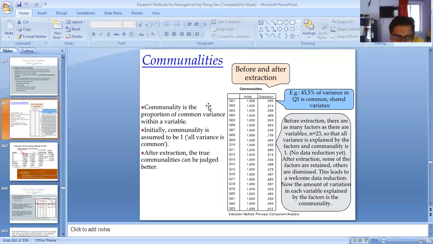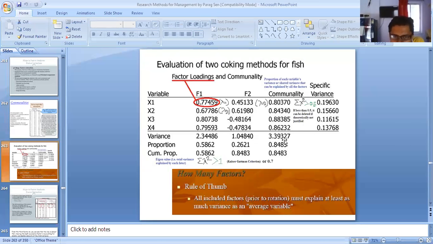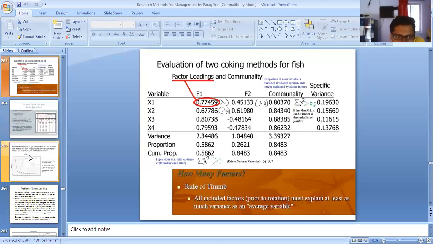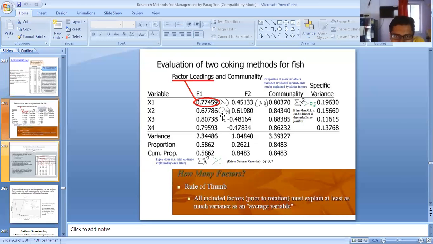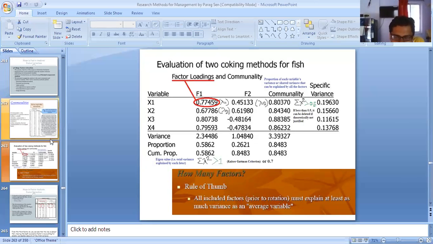So let's take a look at this slide. Here you can see the evaluation of two cooking methods for fish. This matrix is known as the factor matrix.